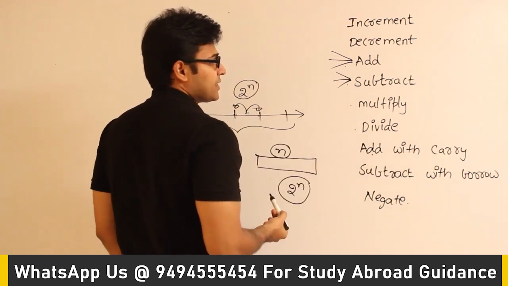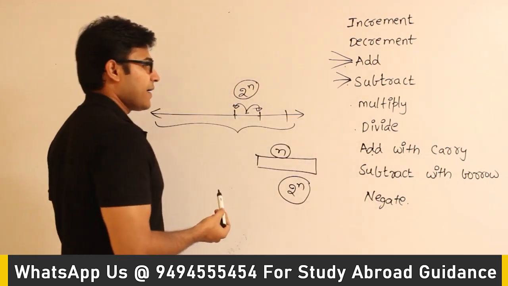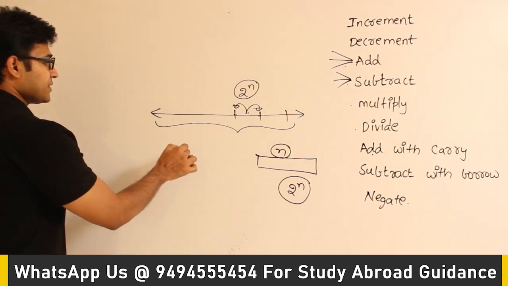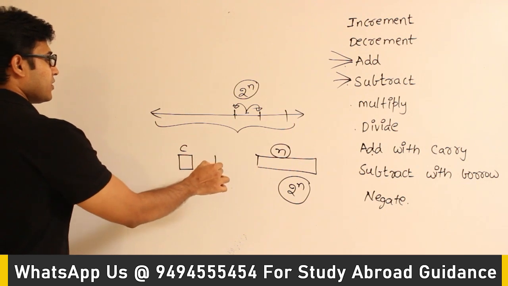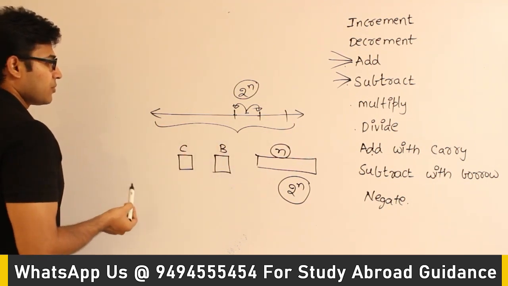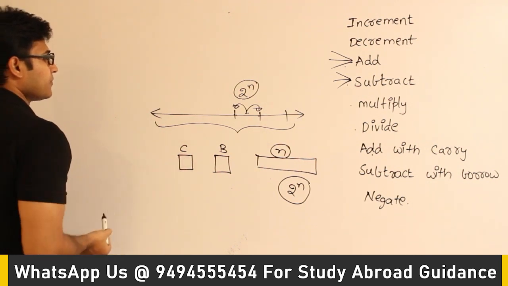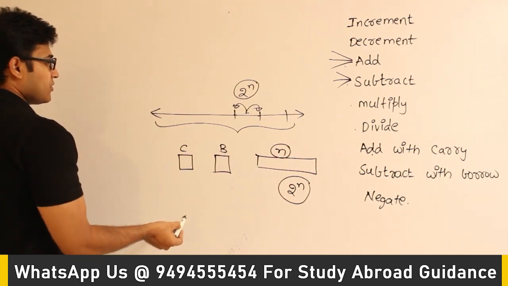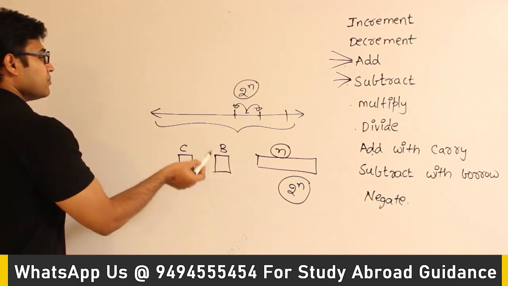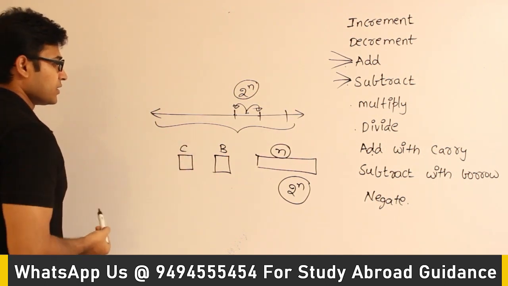So what happens is we'll have a special flip-flop or a bit called carry and a bit called borrow, right? So whenever we perform an operation, sometimes we might get a carry, and for the next operation we might have to use the carry which is generated in the previous operation and add along with that.